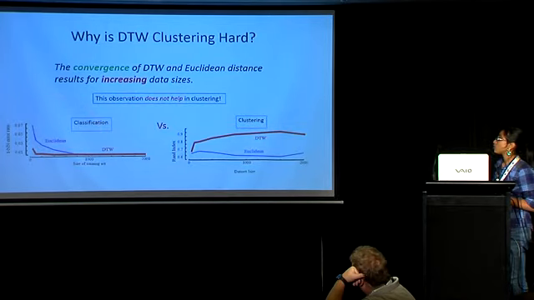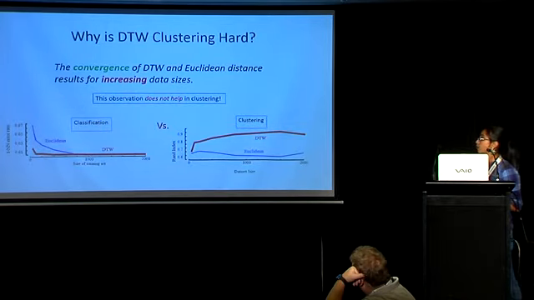On the left, we show an example in which we increase the size of the training set and perform one-nearest-neighbor classification, plotting the one-nearest-neighbor error rate on the y-axis. If you look closely, you'll see that if the dataset size is small, the performance difference between Euclidean distance and dynamic time warping is huge. But as the dataset size increases, both converge. So no matter which distance measure you use, it doesn't matter.